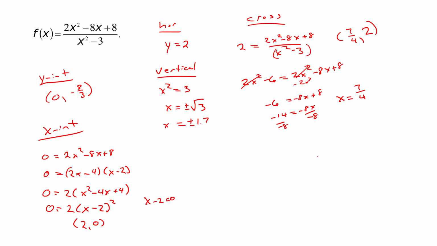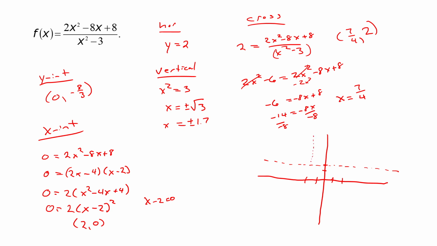So let's see if I have enough information here to graph this. We can always use a test point if we need to. Okay, I'm just randomly picking what I'm going to do. I'm going to do my horizontal asymptote. I'm going to do my vertical asymptotes, so a little less than 2.